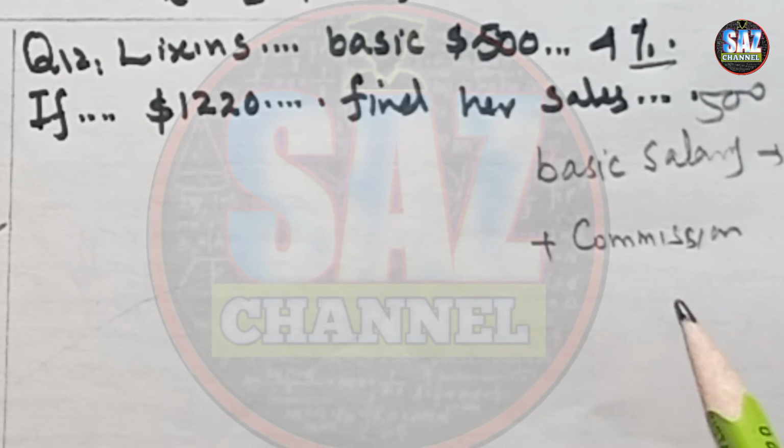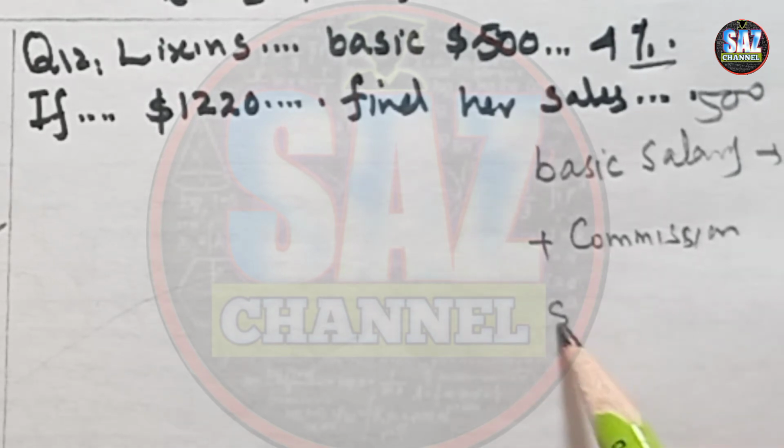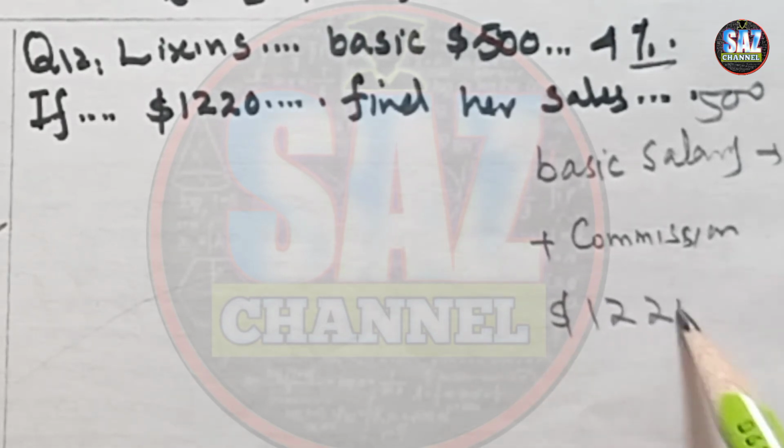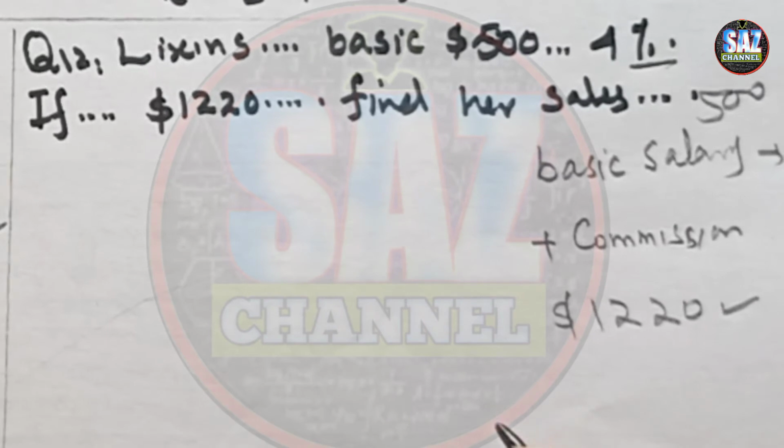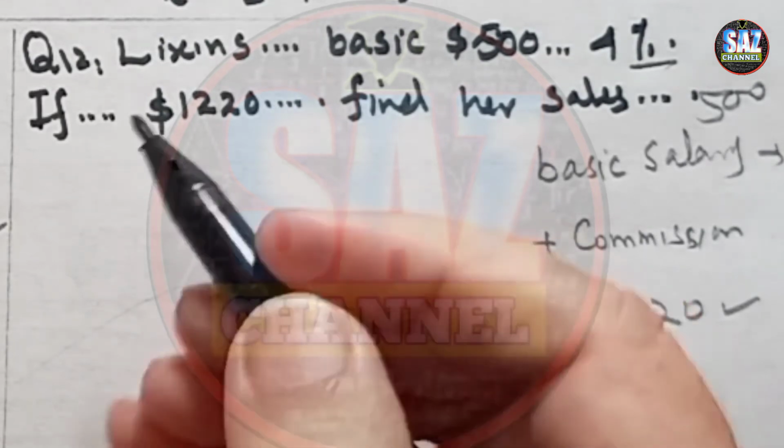If her income is $1,220 for a particular month, find her sales for that month. So the requirement of the question is the sales for one particular month.